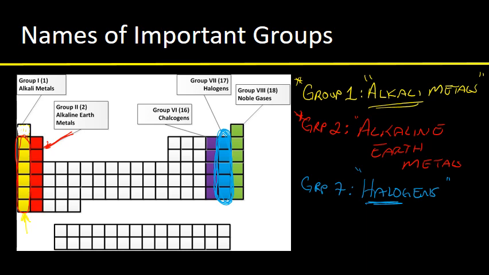All right, group 8 over here on the far right. These are all gases, and they're very unreactive. And because they're unreactive, they're hard to see, because they're invisible, of course.